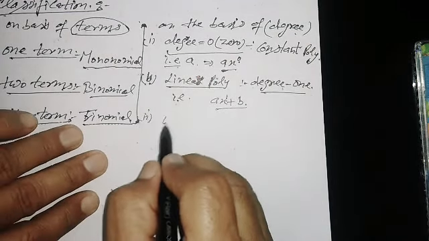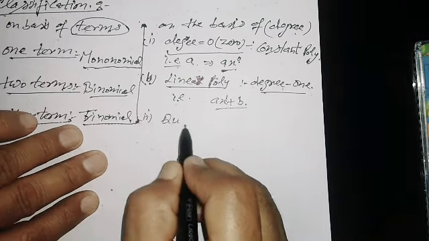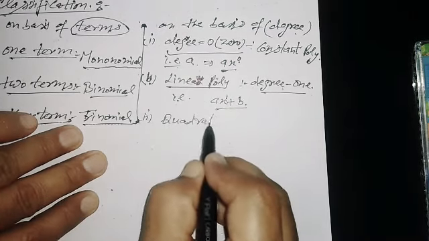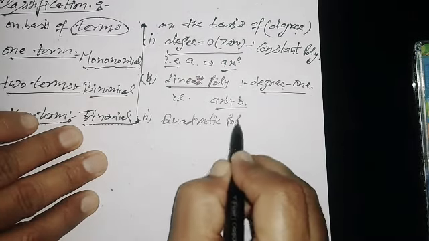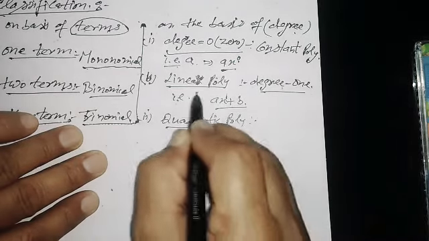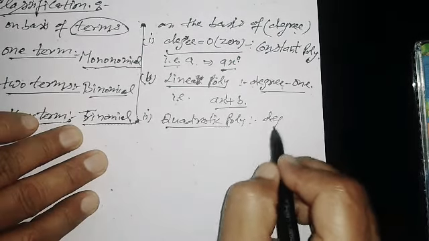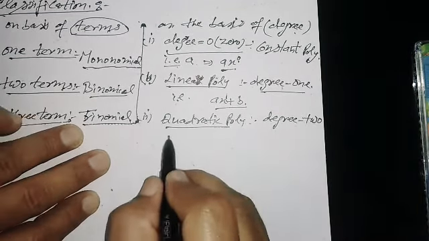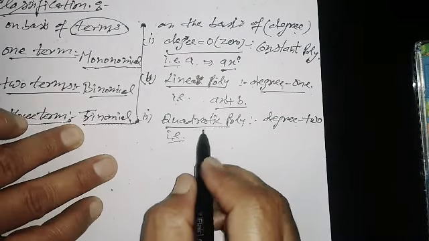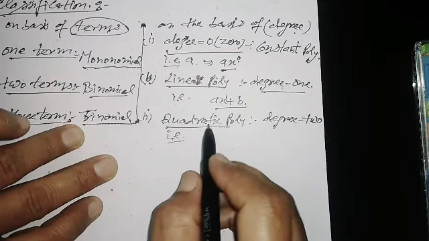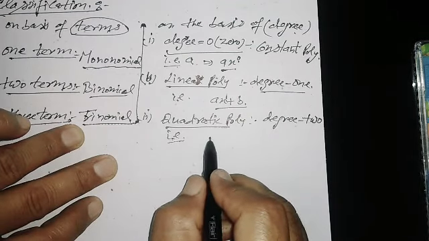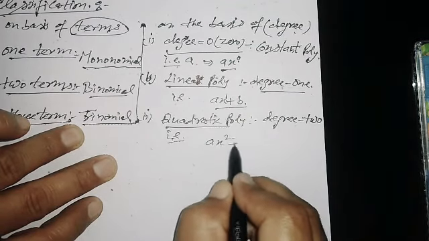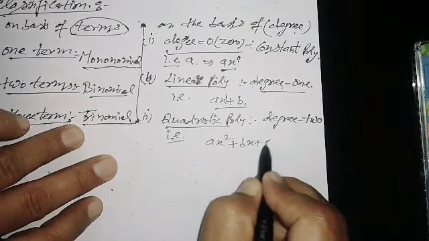Second, quadratic polynomial. If it has degree 2, an example of this type of polynomial is ax square plus bx plus c.